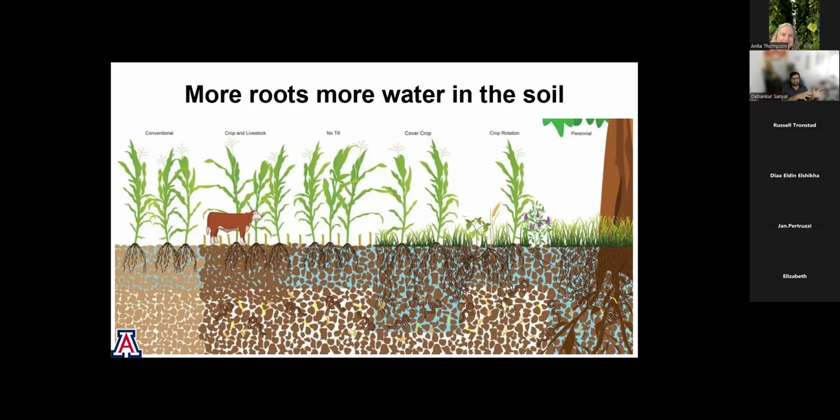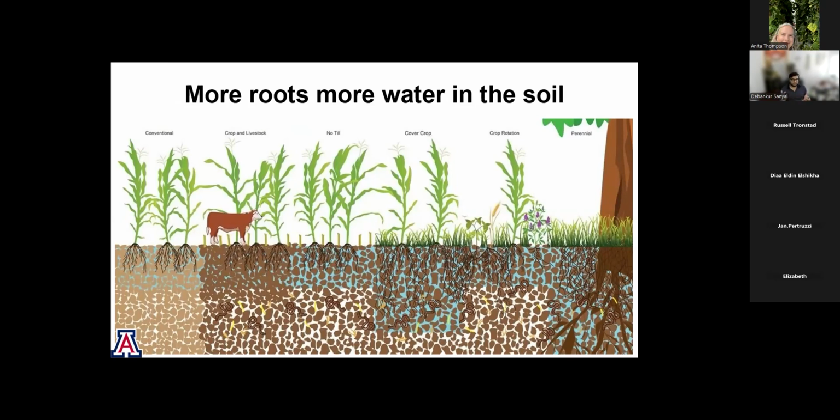Now, it is very clear that the more roots there are, the more channels there will be, and more infiltration of water. So if you have off-season precipitation and you are in an area where it is hard to get water from other sources, whatever water you get is good.